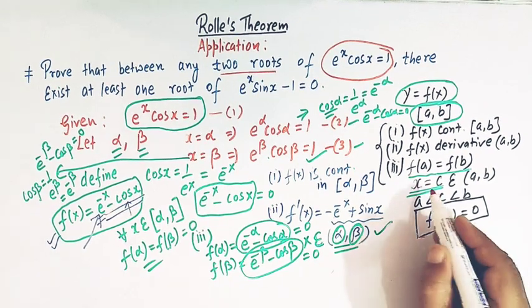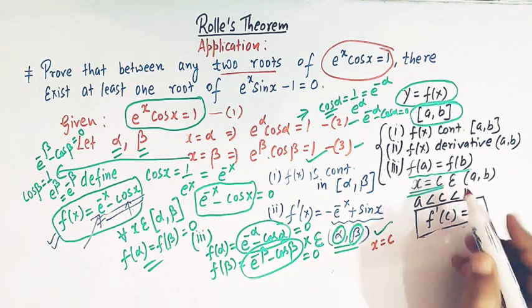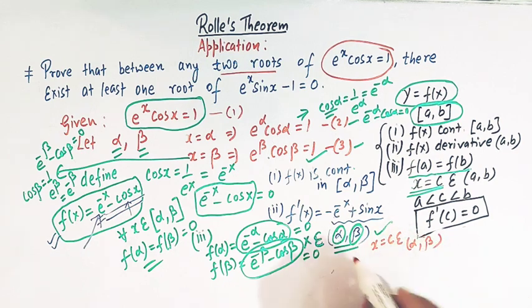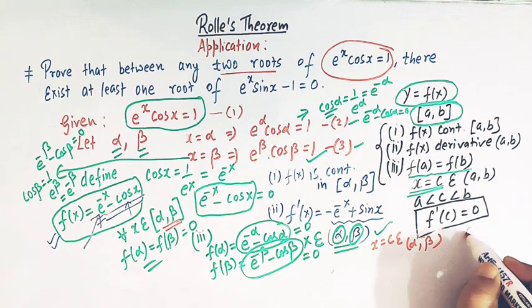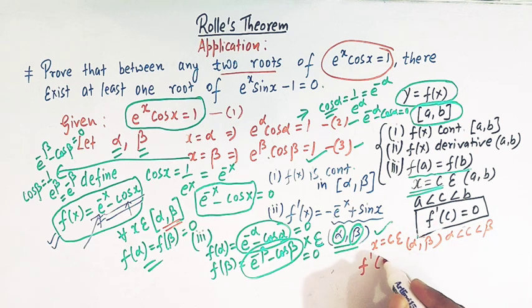So now we have some point x is equal to c which belongs to this interval alpha comma beta, such that c lies between alpha and beta, and f prime of c should be equal to 0. So here the derivative at x is equal to c must disappear.